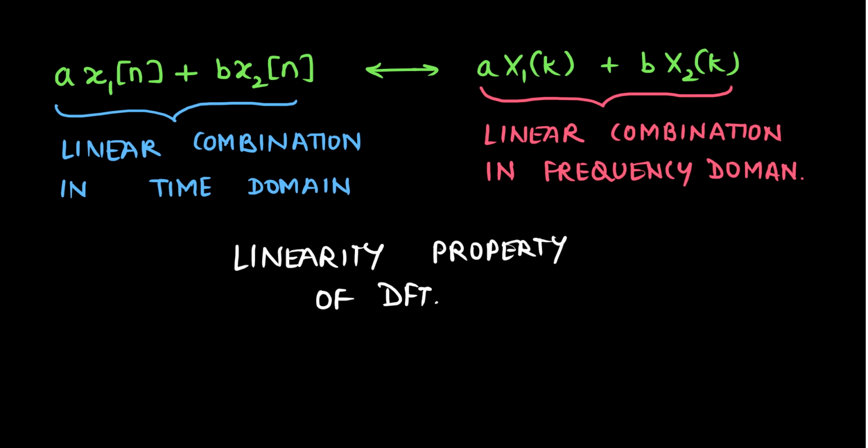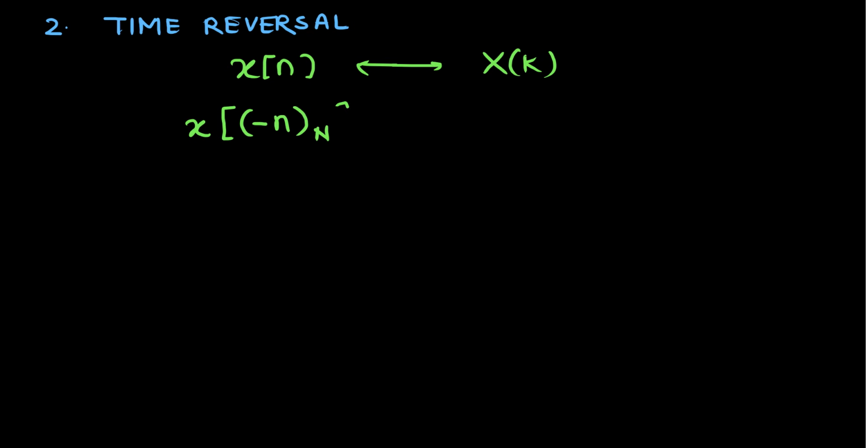Now let us go ahead and check another property, which is the time reversal. So we have this x of n having its DFT as X of k. Now let us try to find out the DFT of x of minus n, the flipped version of n. That is, we need to find the circularly flipped version of x of n, its Fourier transform or discrete Fourier transform. So we need to find the DFT of this signal.